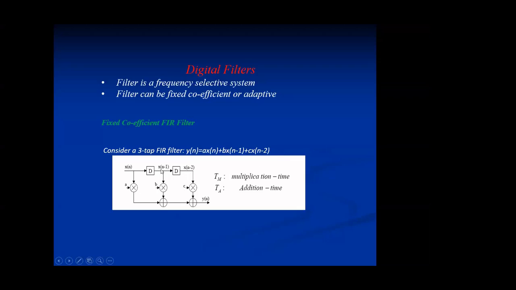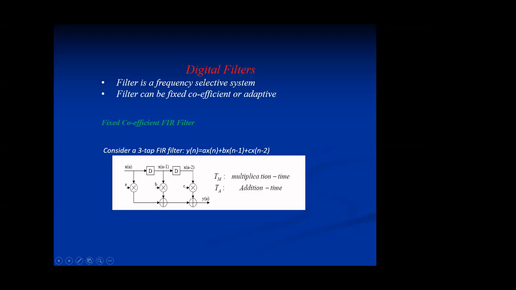By properly choosing the values of a, b and c, I can design the filter as either low pass, high pass or band reject with a specified pass band frequency, stop band frequency, pass band gain and stop band gain.